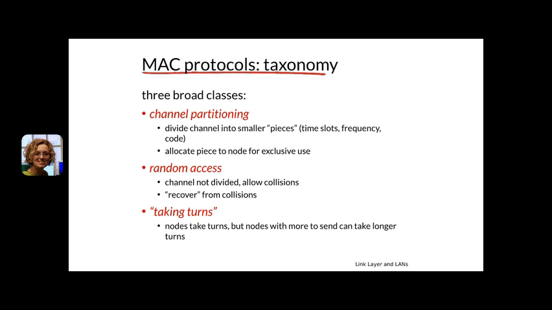Then there's random access, where the channel is not divided and clients randomly access that channel. And then there's taking turns, which could be round robin or whatever arbitration scheduling exists for this channel, and that's the third flavor of a multiple access protocol.